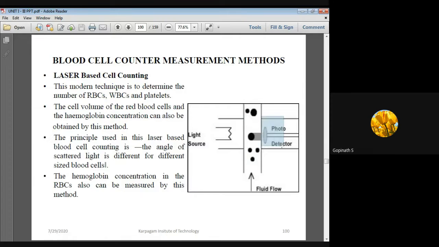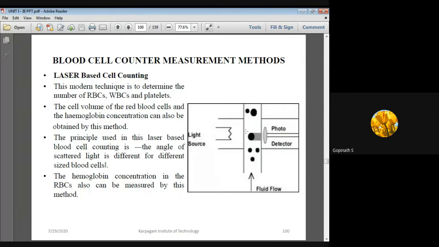At the output, we fix the photodetector. I already told you, if you pass any kind of rays or light through any kind of object, its density may be changed. Here we have three blood cell types: RBC, WBC, and platelets.